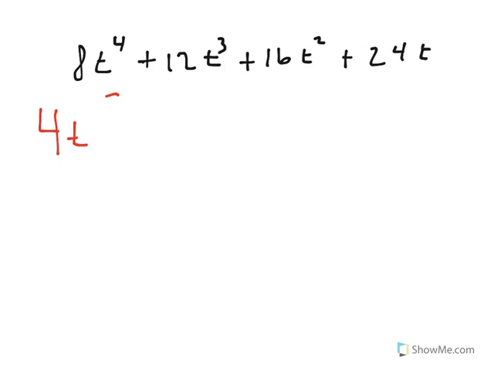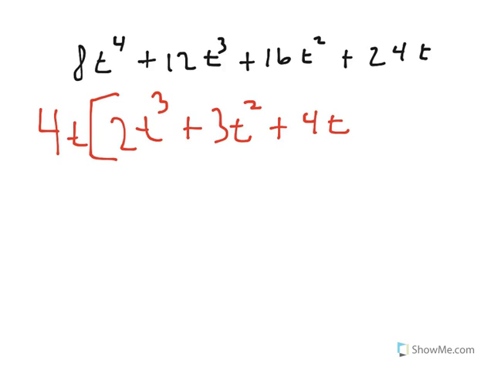I'm going to put that in big brackets or big parentheses. Alright, and I'm going to divide all of these terms by 4t. So that's going to leave me with this: 2t cubed plus 3t squared plus 4t plus 6.